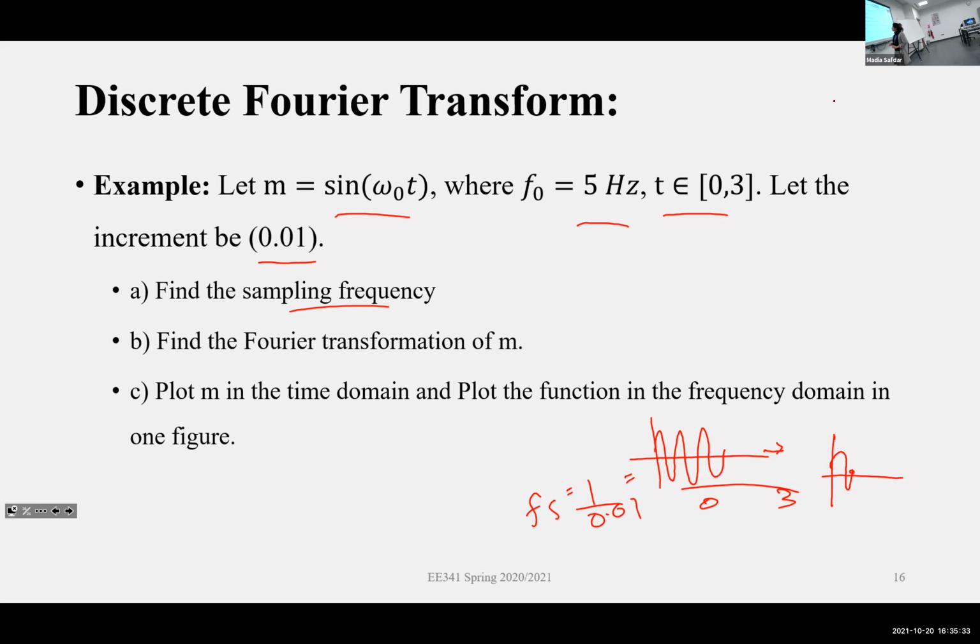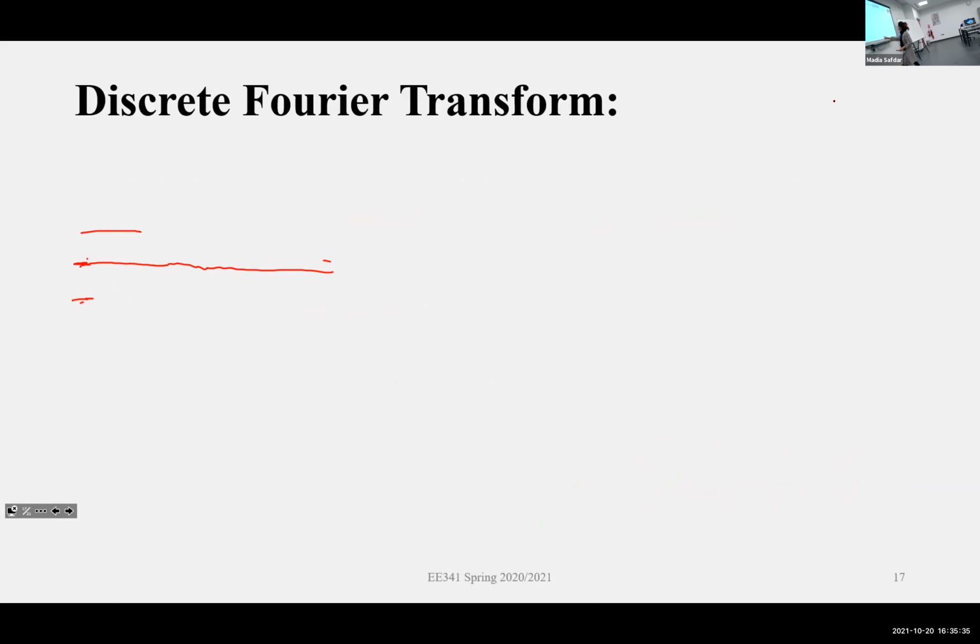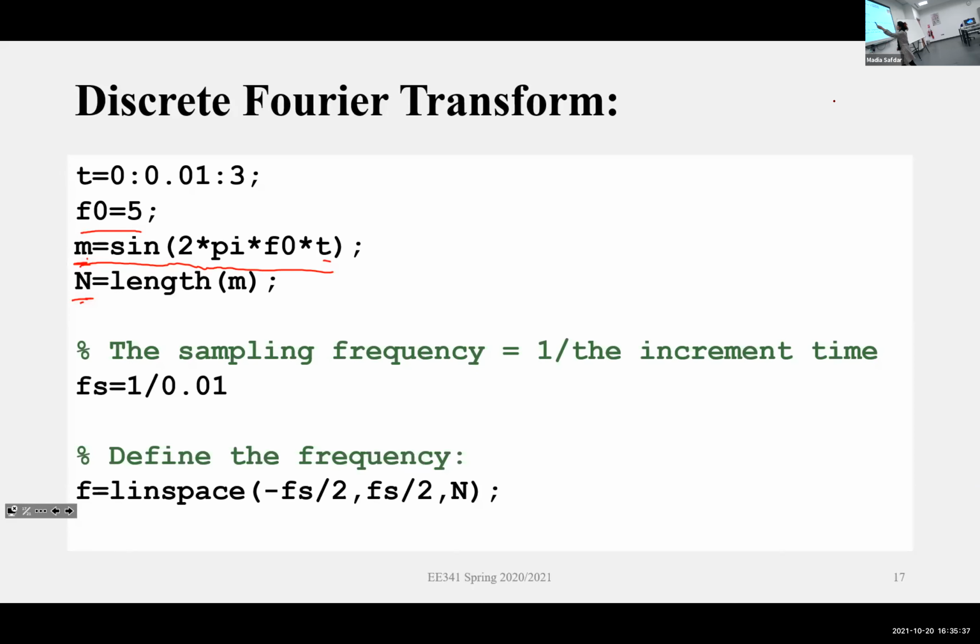So let's see. The first step is defining the scale, defining the fundamental frequency, and writing the signal. Now this command will define the number of samples. The number of samples will be up to the length of my signal, this M, and this signal goes up to T, which is here.